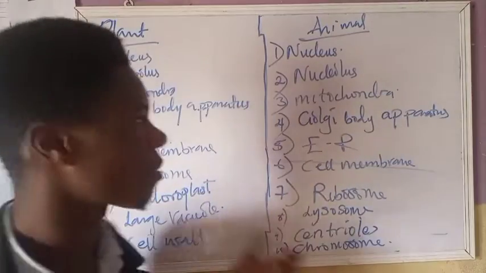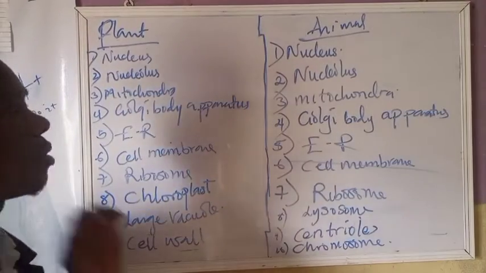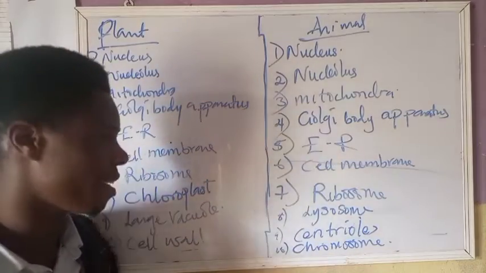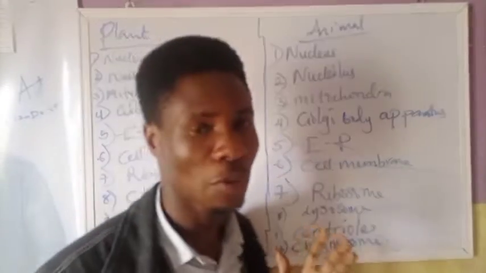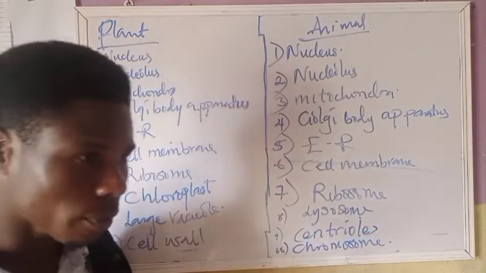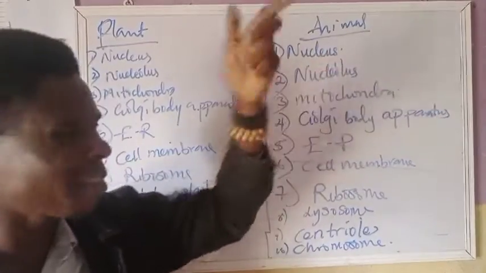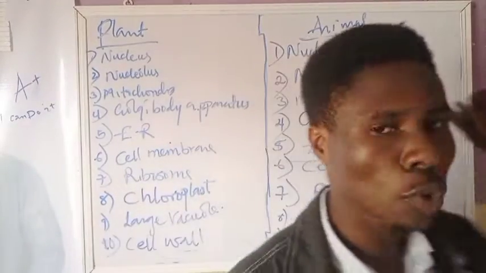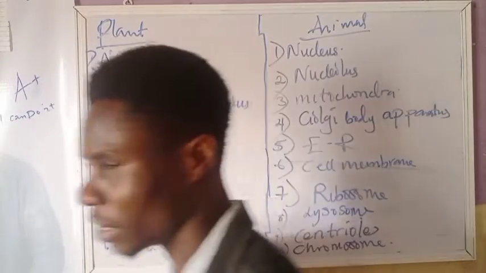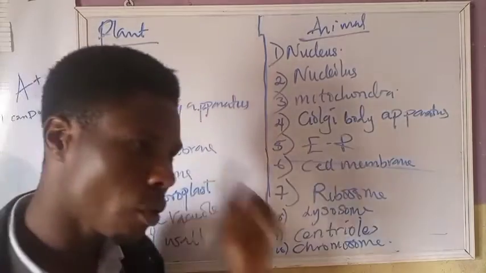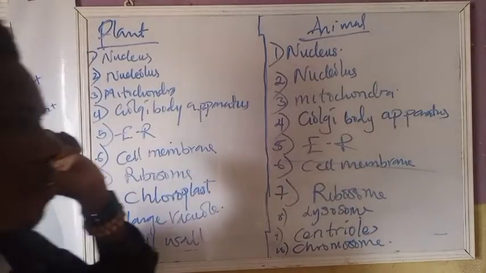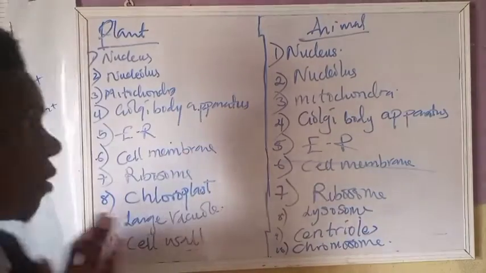Nucleus controls the entire activities of the cell. If you want to jot it down, please do. It's the brain of the cell. It controls everything that happens in the cell. Number one, the nucleus controls all the activities of the cell.